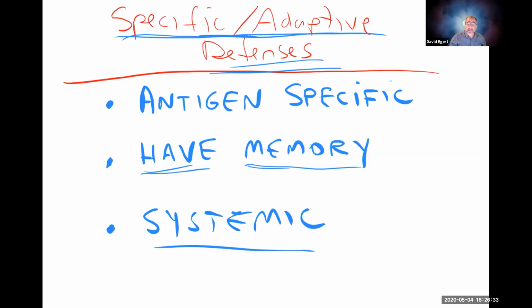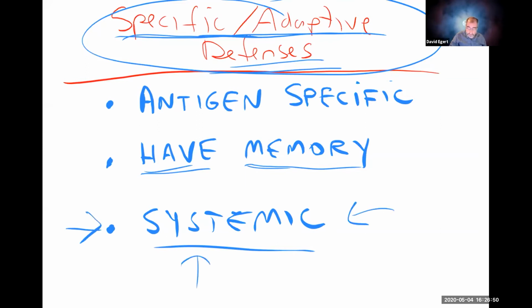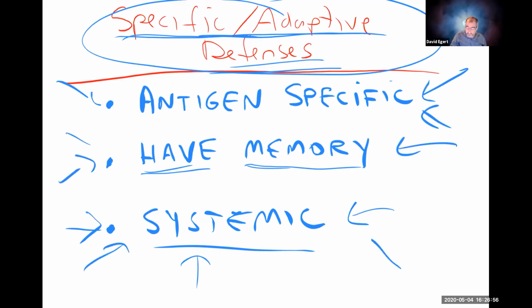So it's not about fighting some infection in some particular region of your body. Wherever you got exposed to something, it doesn't matter. It's going to create a defense that is going to cover your entire body. That's why we say it's systemic. So antigen specific, has memory, and systemic.